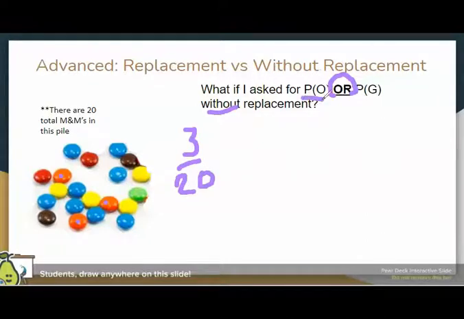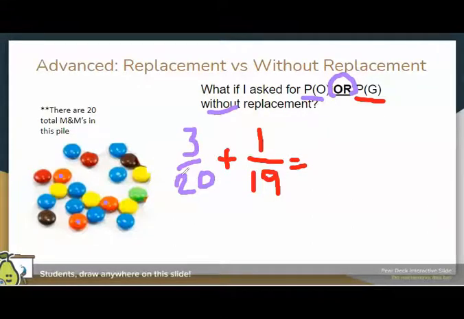Okay, so we have now picked our orange M&M. Now we want to pick a green M&M, but we didn't replace the orange. So now our total is 19. So there's only one green M&M, so that's 1 out of 19. So if you notice, the chances are going to be much lower. Our final percentage is going to be much lower because there's not very many orange and green M&Ms.